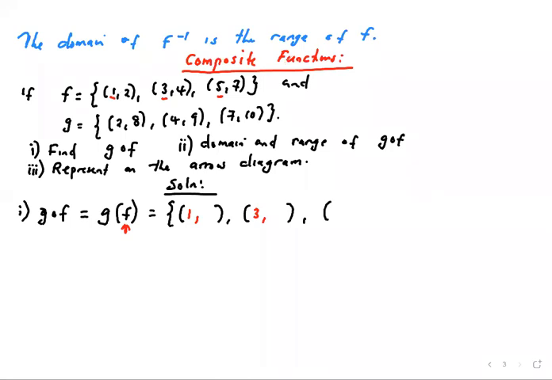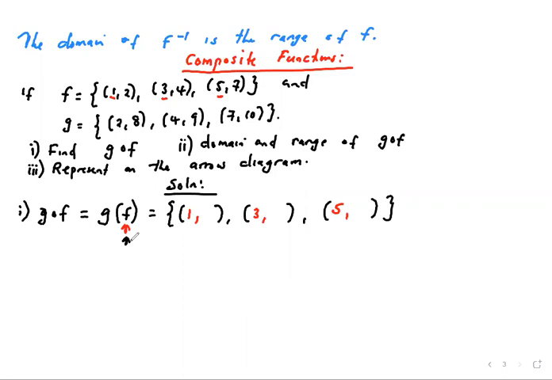There will be 5, comma, you close. So first thing is you go to f, get the first entries of f, and make them your first entries of the composite g of f.